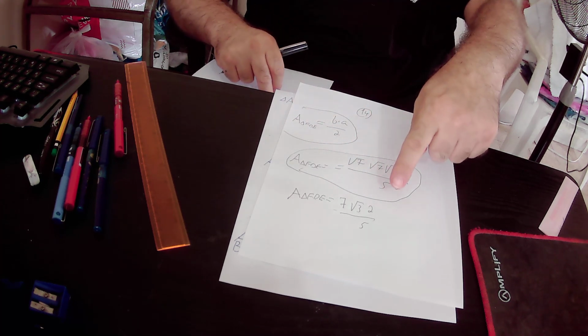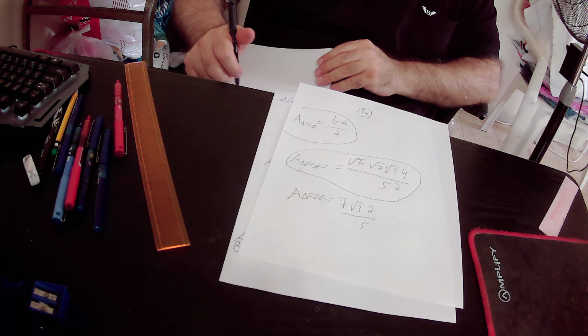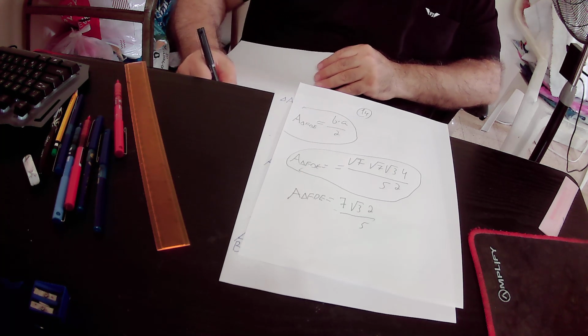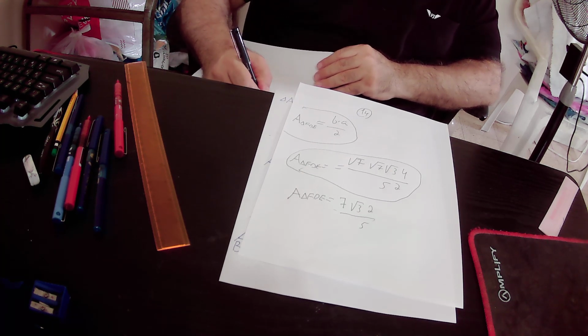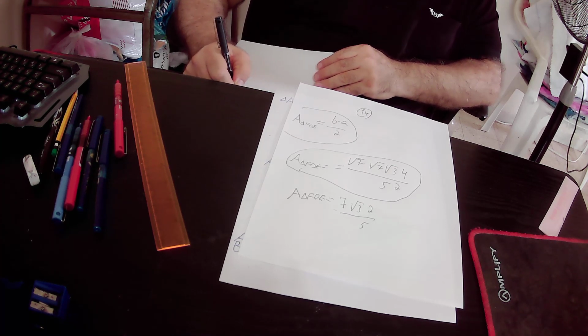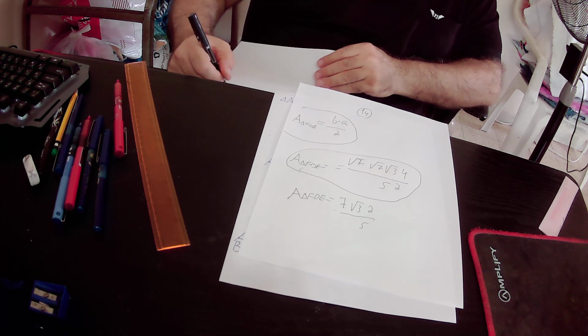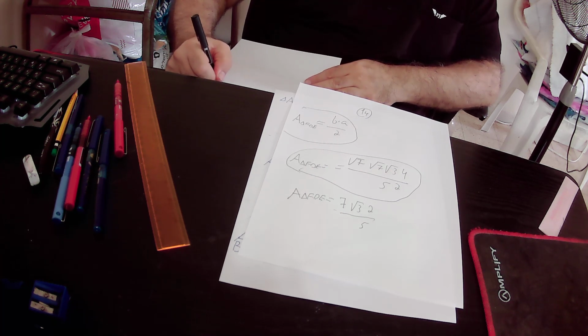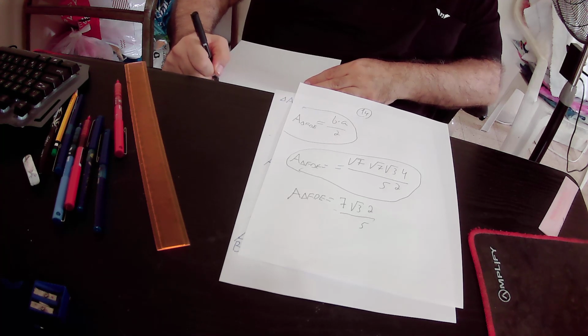Here 7 times 2 is 14, so the area of the green triangle FDE equals 14 times root 3 over 5 square units.